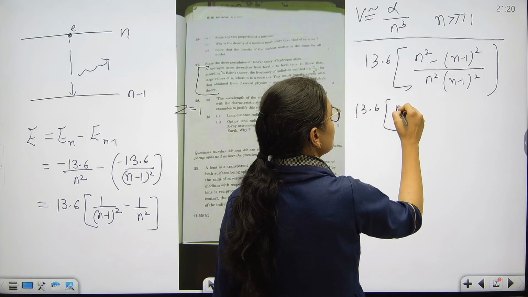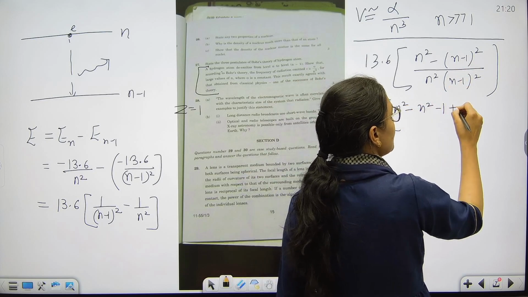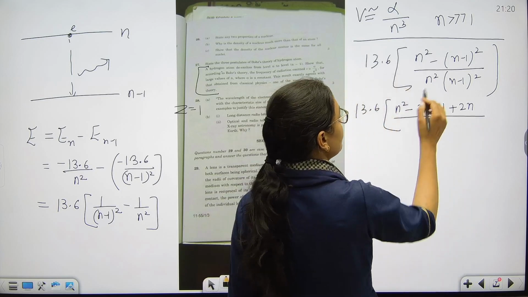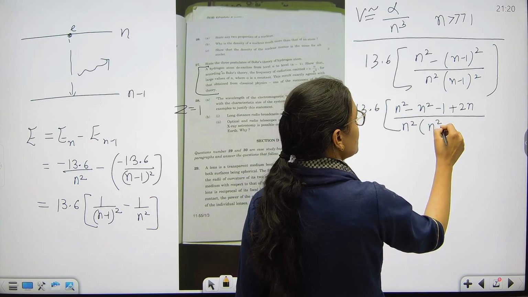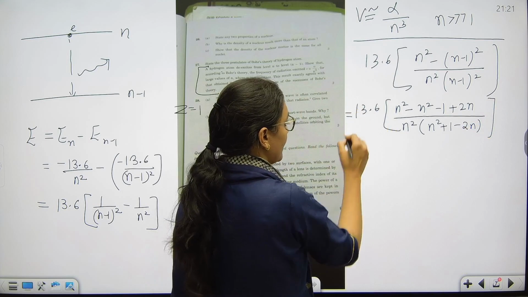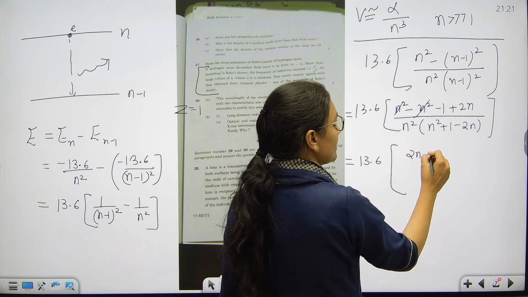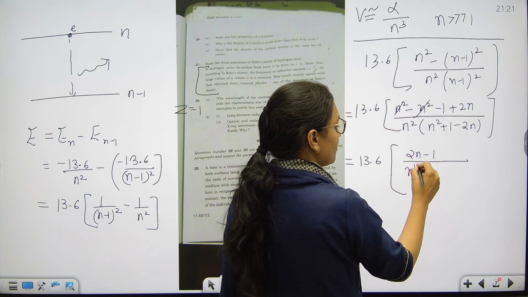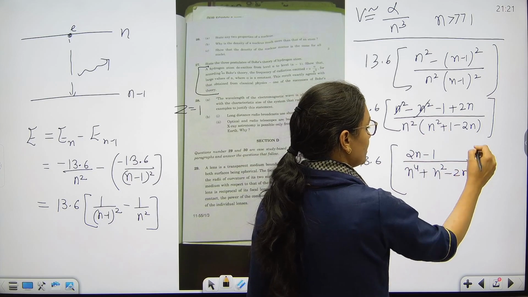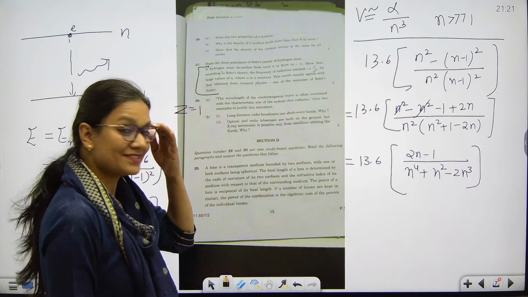Then open it: n square minus (n square plus 1 minus 2n), using a square plus b square minus 2ab, so it will become plus 2n minus 1, divided by n square multiplied by (n square plus 1 minus 2n). Clear? 13.6, this will get cancelled. We will have 2n minus 1 divided by n to the power 4 plus n square minus 2n cube. Is this correct? Okay.